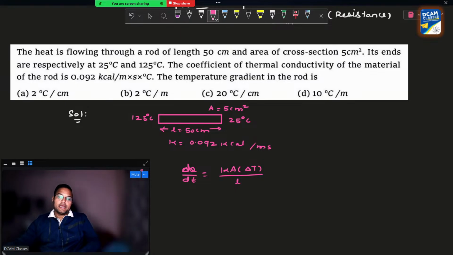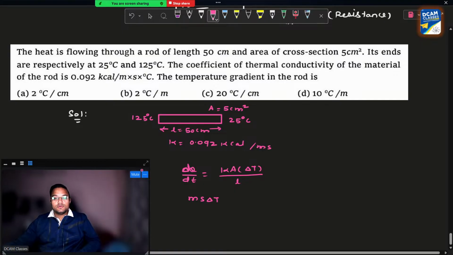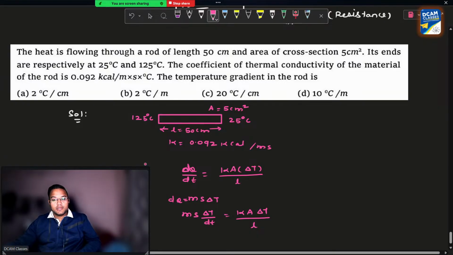But Q I can write here as m s delta T. So dQ I can write as m s delta T. So it will become m s delta T by dt is equal to KA into delta T by L. But this value they have given as K, they have given as m s delta T by delta T. K is 0.092 by m s.